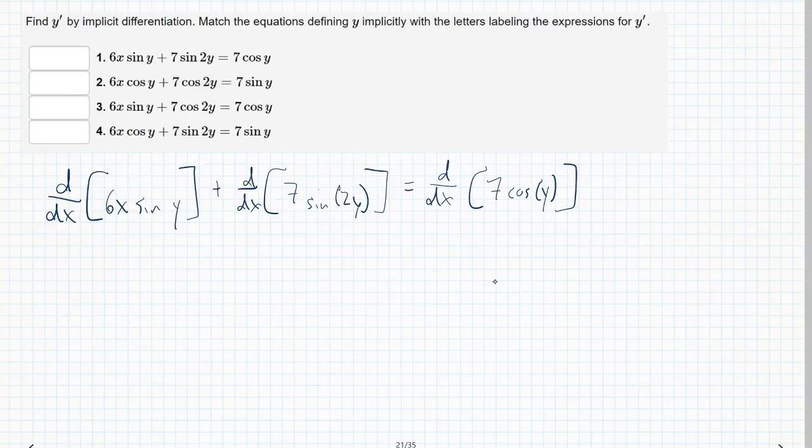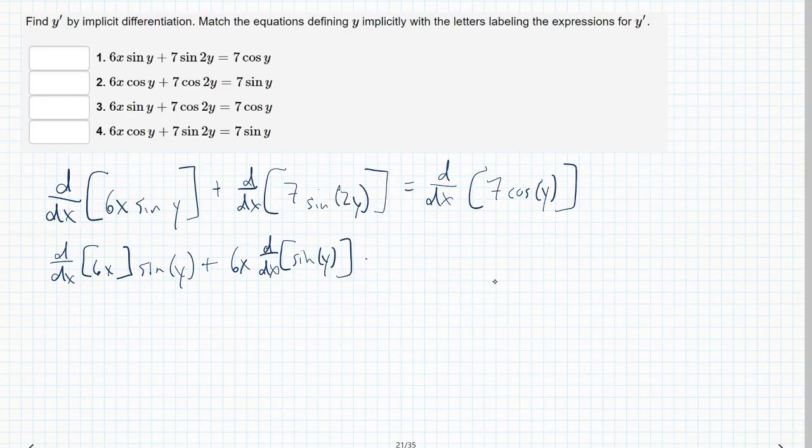So when we do this, you've got to use the product rule. So you get the derivative of 6x. I could technically pull the 6 out in front if need be, but not necessary. Plus 6x times the derivative with respect to x of sine of y. Plus, for 7 sine of 2y, we can use the chain rule here.